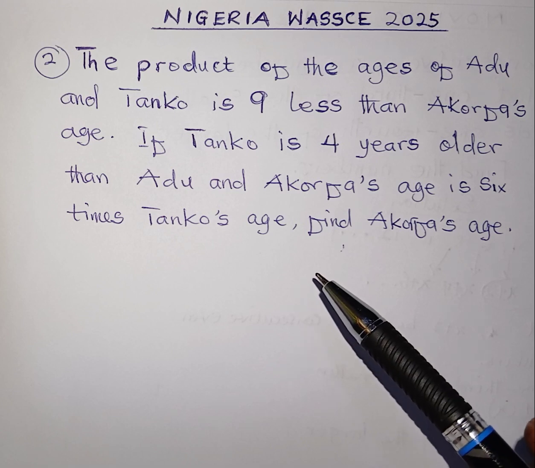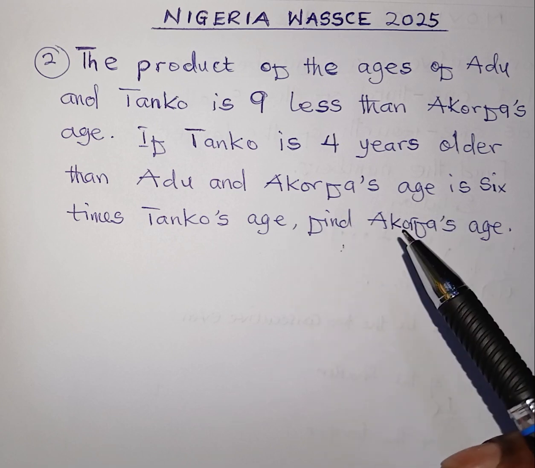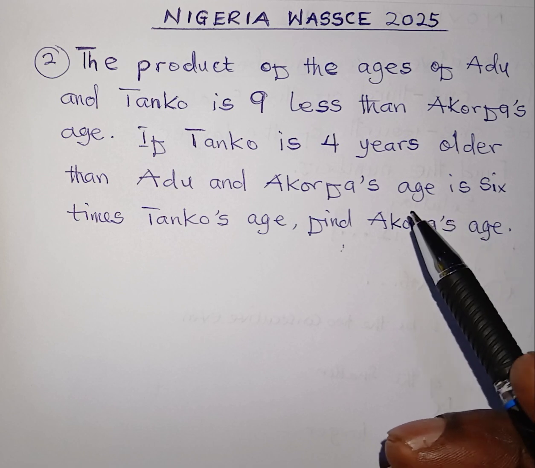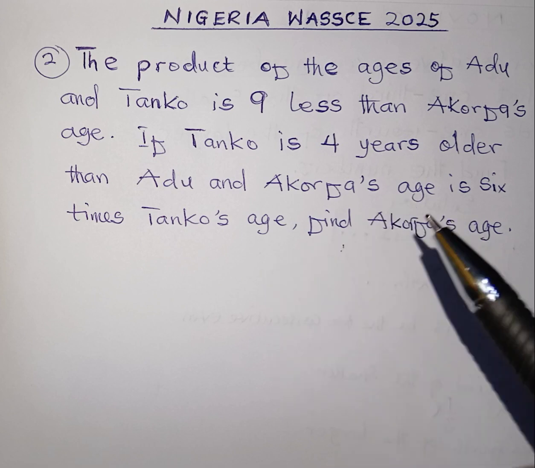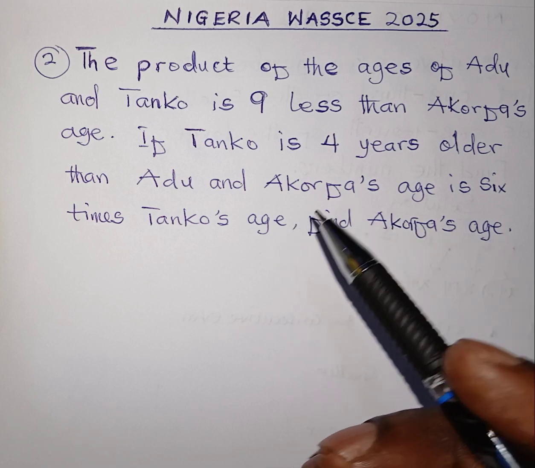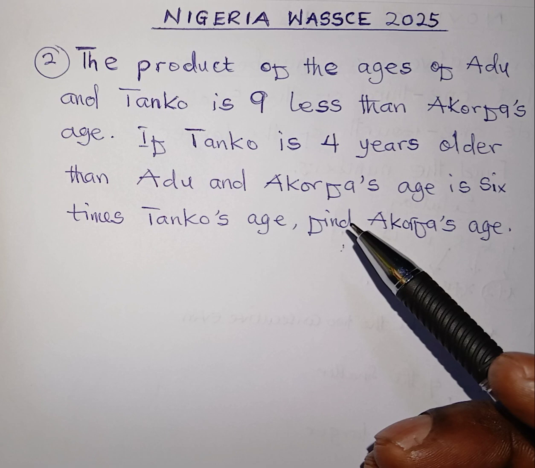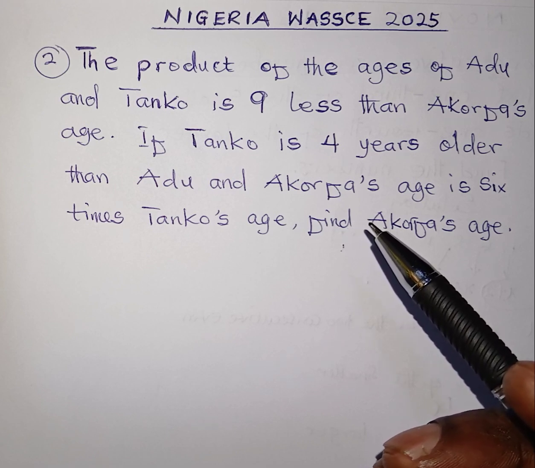I've already told you that when you have word problems like that, you need to take your time, read the questions carefully, and get the understanding. For questions like this, you need to write down some expressions, and then use those expressions to form equations before you are able to solve them.